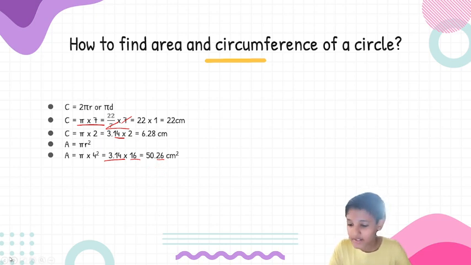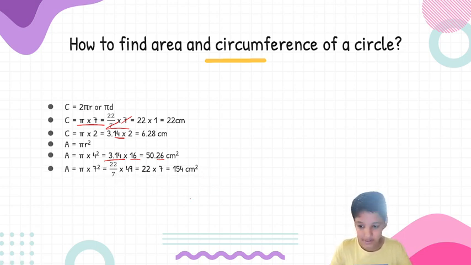Now let's take one more example. Our radius is going to be 7 centimeters. Now the area will equal pi times 7 squared. Now 7 squared is 49, which is obviously a multiple of 7. So we will use the fraction and then we'll strike out 7 and 49.